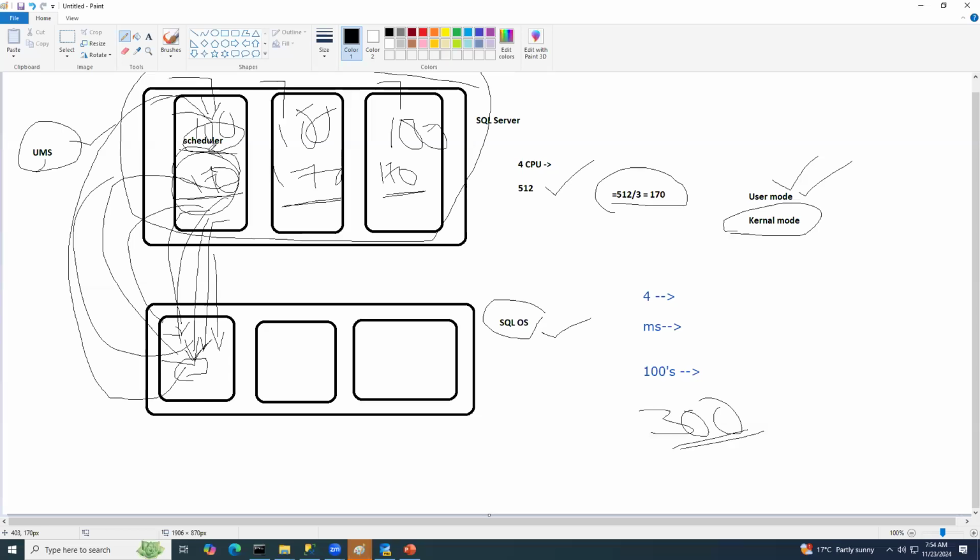If you have a huge number of queries in line and a huge workload, the queries will keep executing on the CPU and waiting for the CPU, right? If that is the case, then you'll have to consider increasing the number of CPUs.